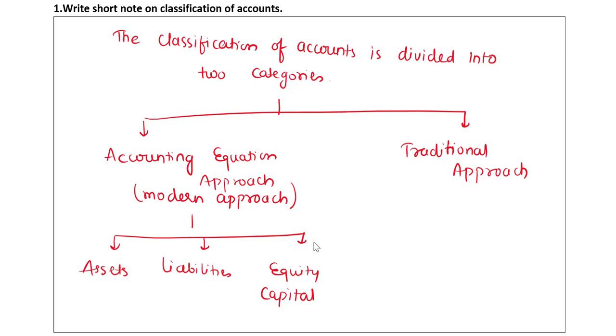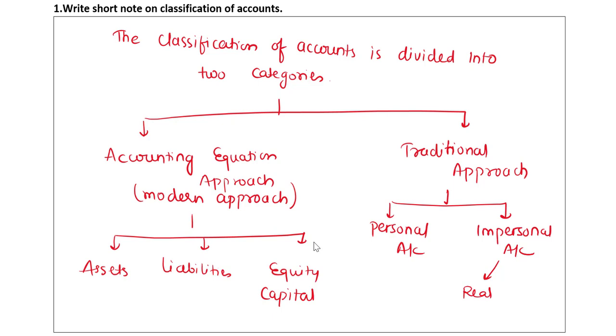In the traditional approach, you need to bifurcate into two broad categories: personal account and impersonal account. Under impersonal account, you have real account and nominal account.